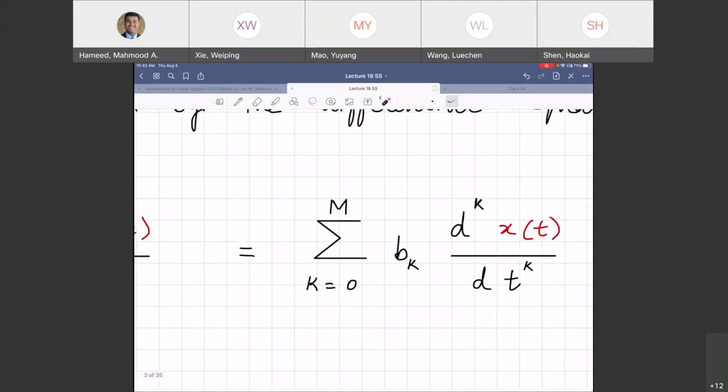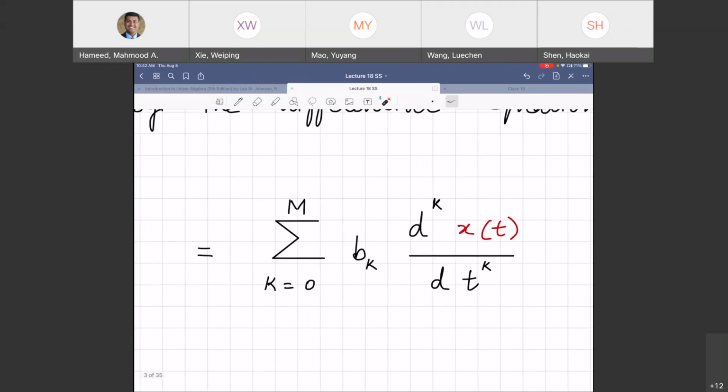On the right hand side, it's very similar, but now you have x, right? So you have a different number of terms. It is going from 0 to M, so there are M plus 1 terms here. The scalars are different on the right side, associated with the input, but the input is also getting differentiated k times. How do I deal with constants?